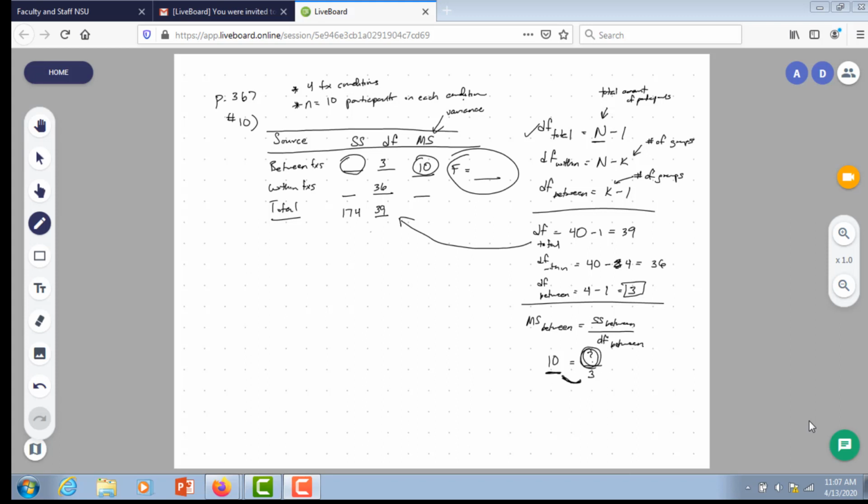Okay, so in other words, in order to get our sum of squares between, we would have to multiply the degree of freedom between by the mean square between. When we do that, 10 times 3, we end up with our sum of squares between, which is 30. Okay, so let's go ahead and plug that into our ANOVA summary table.